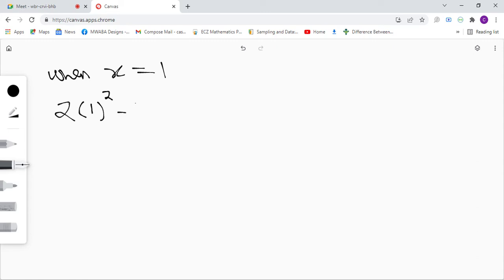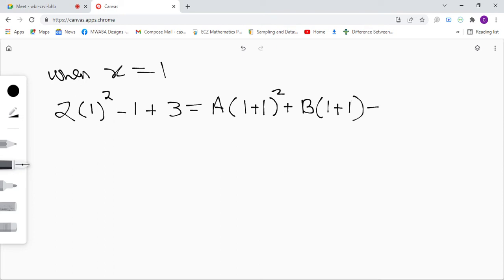We're substituting all the x's for 1: 2 times 1 squared minus 1 plus 3 equals A times (1 plus 1) squared plus B, open brackets again, (1 plus 1), plus C.